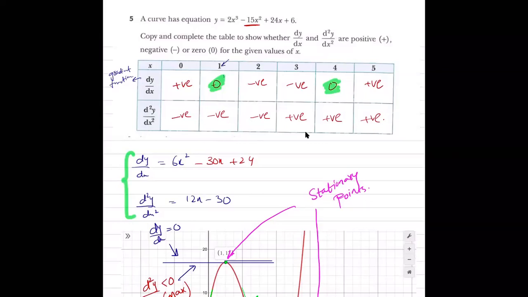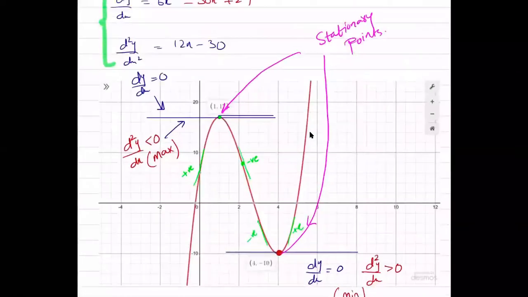Now, you can refer to the graph to verify this. In the graph, can we confirm that we are getting a stationary point at x equals 1 and x equals 4? By stationary point, I mean where the graph is going to take a curve, it's a turning point.